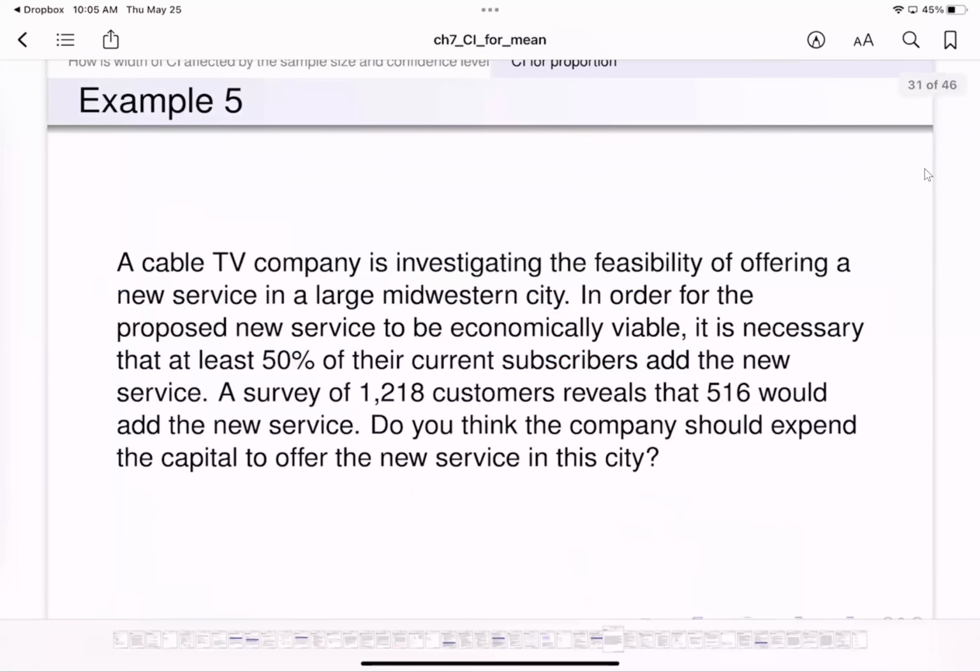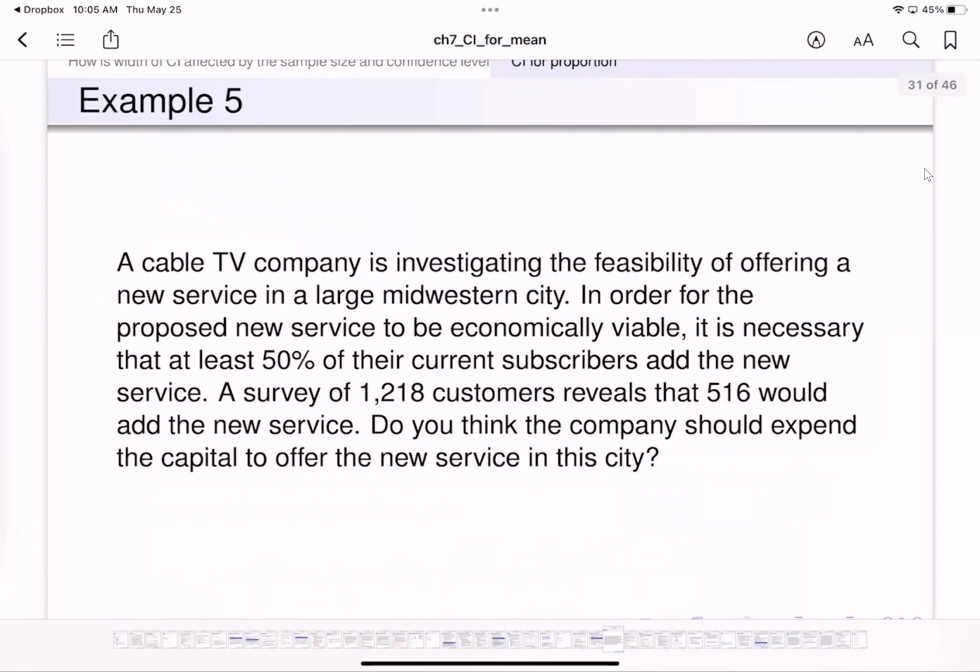Here's an example about it. We're looking at the feasibility of offering a new service in a large Midwestern city. In order for a new service to be economically viable, it's necessary to have at least 50% of the customers willing to add the new service.